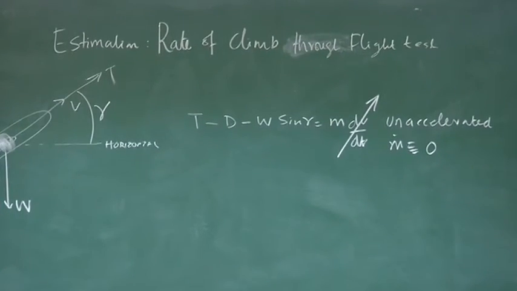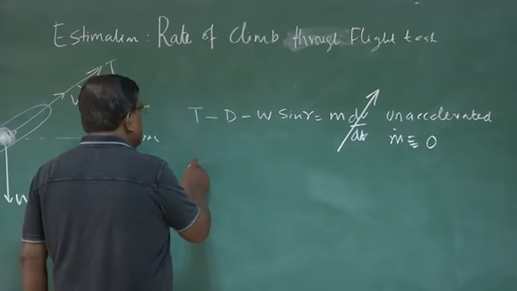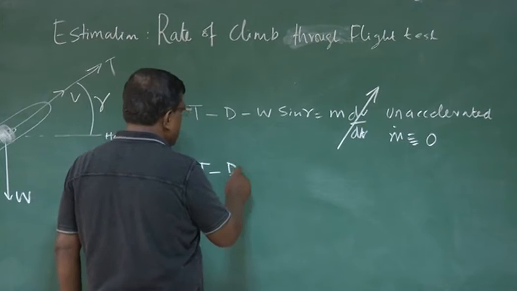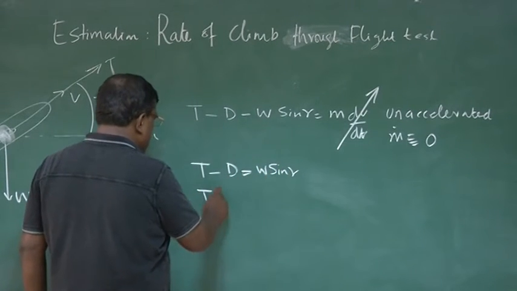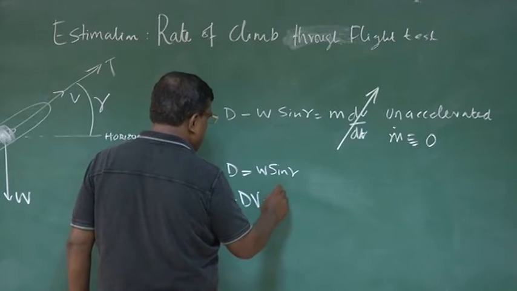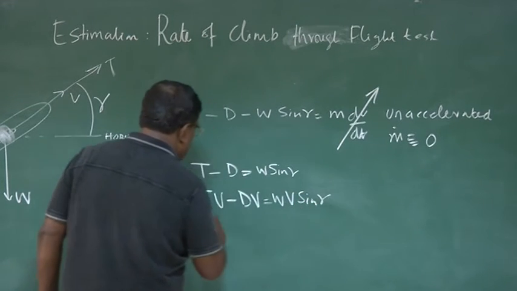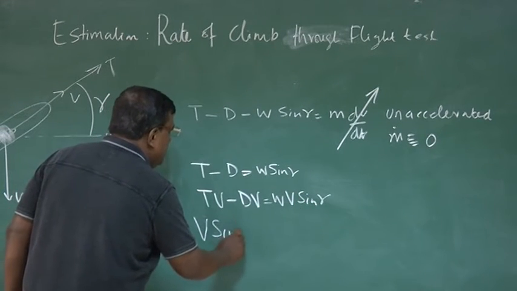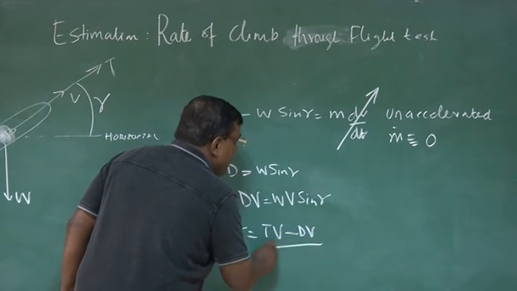After all, fuel is consumed, but we are assuming that is negligible. And what we did, we wrote this as T minus D equal to W sine gamma, and multiplied by V, we found TV minus DV equal to W V sine gamma, and V sine gamma we expressed as (TV minus DV) by W.